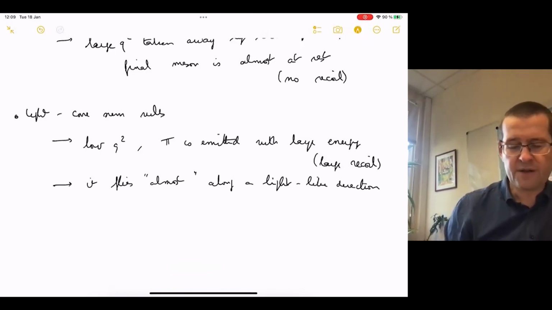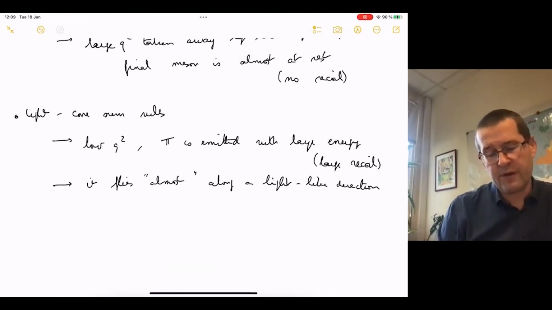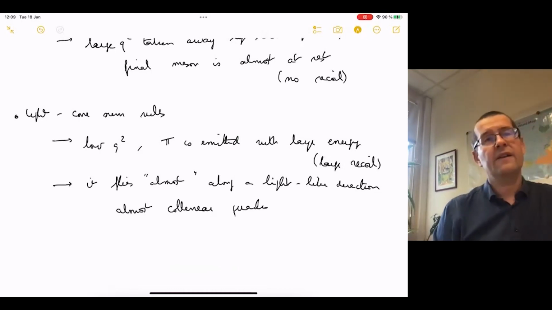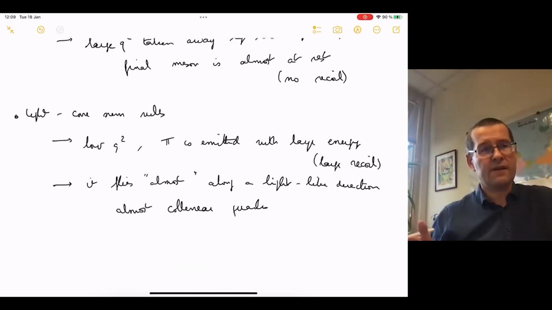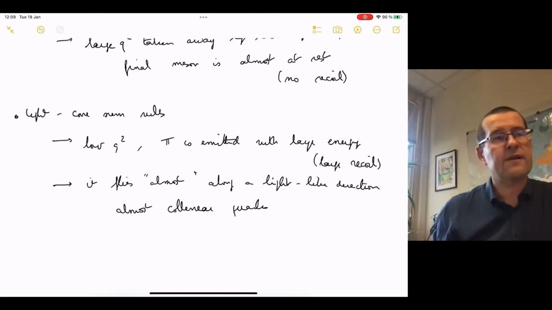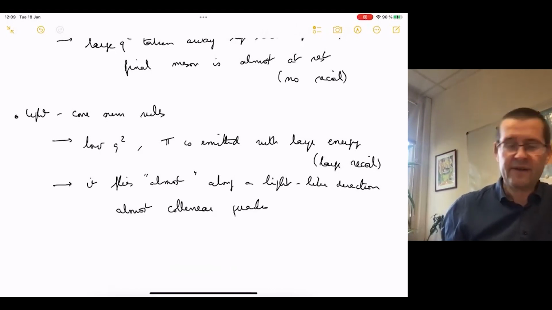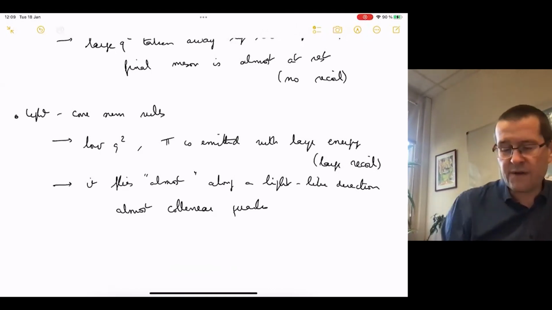And that means that you can see its components as being almost collinear quarks. And so you can start having a description in this particular regime using objects that will be equivalent to parton distribution functions.